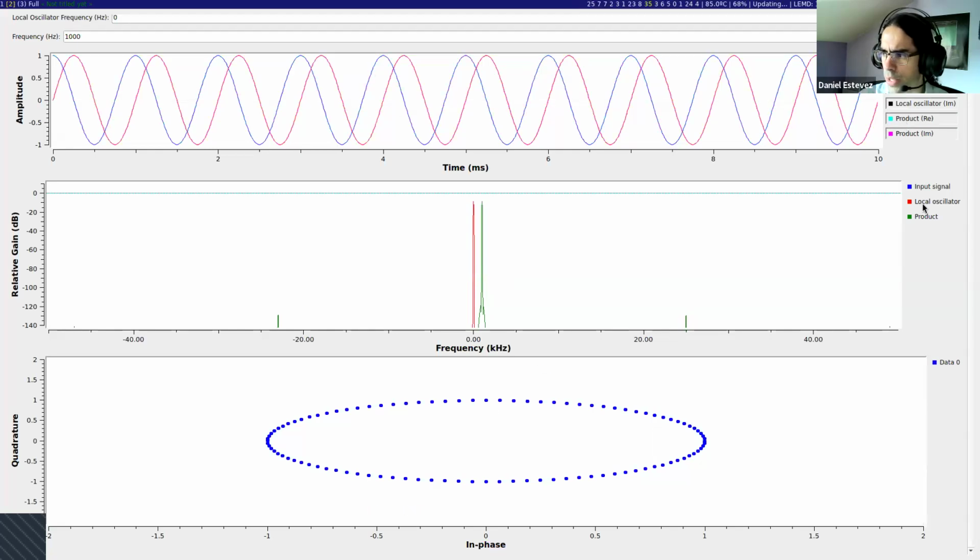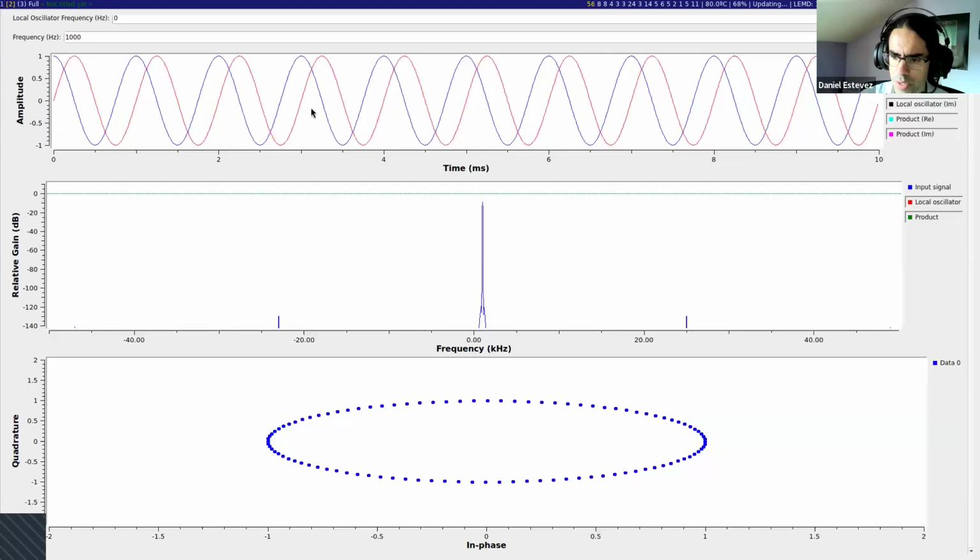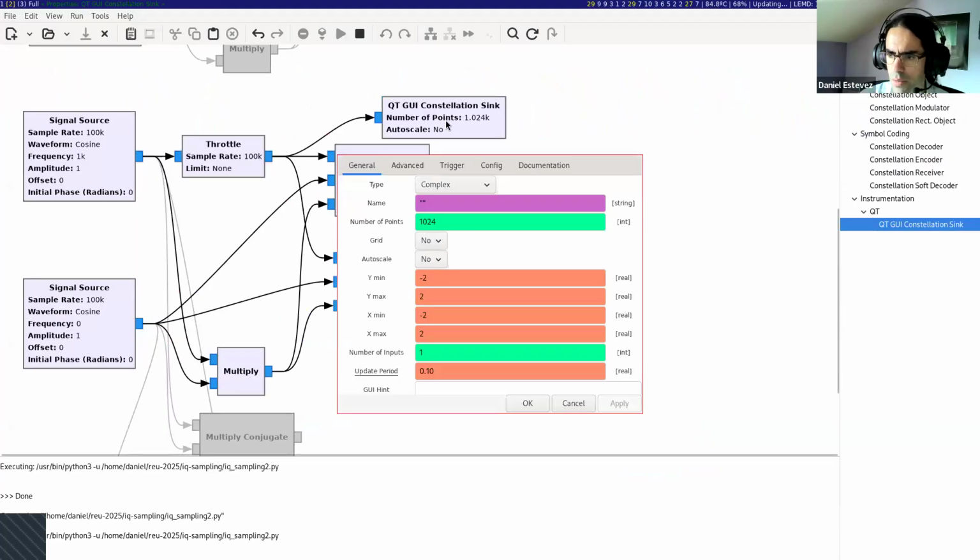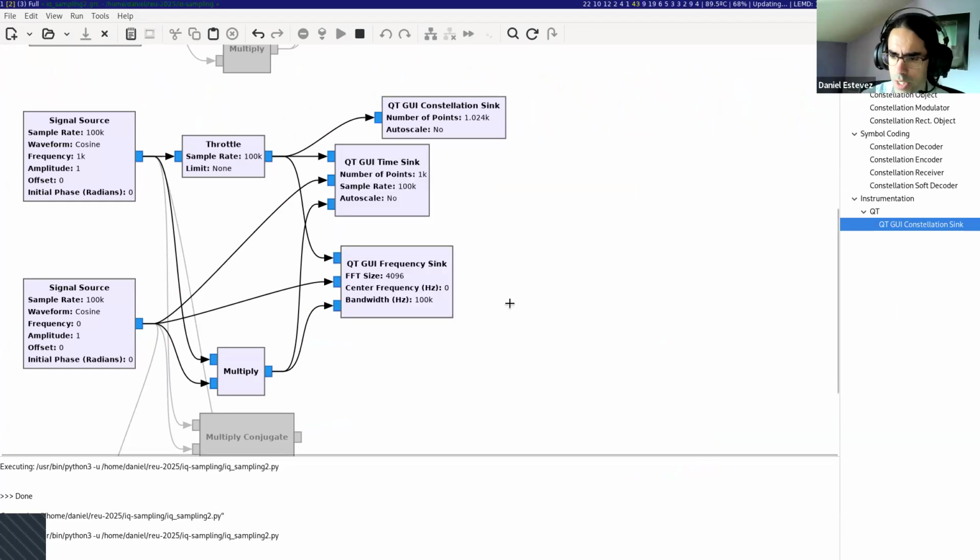I've only connected it to the input signal, and what this does is it plots on the complex plane. So you have in-phase, this is the real part, and quadrature, this is the imaginary part. So it plots all these points. It has a number of points that it plots. By default, it's 1024. I could change it.